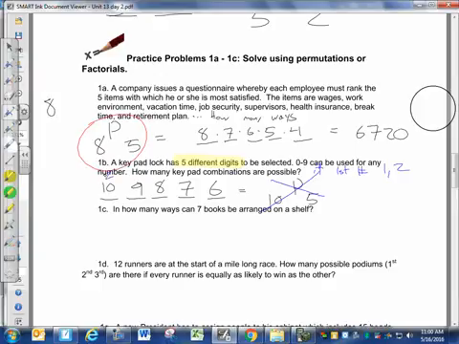How many choices do I have for my second one? If I have to have a different number, I would still have 9 choices for my second number. I've used 1 number. I have 9 remaining numbers, so this would be 2 times 9 times 8 times 7 times 6.